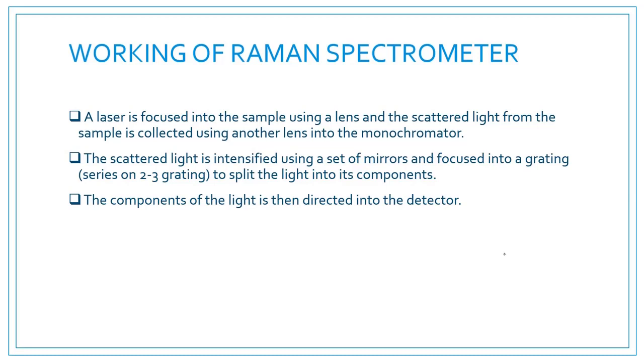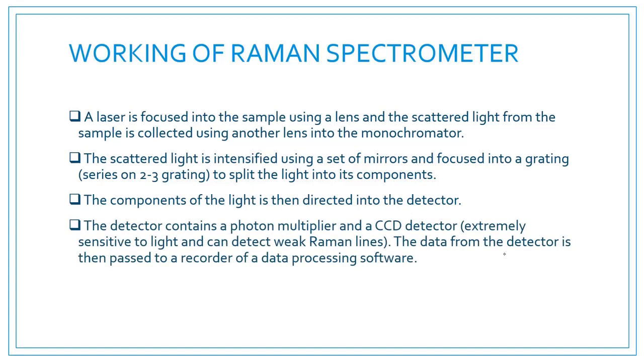After this separation, the light is directed into a detector. Inside the detector we use a photomultiplier so that the split radiation, which may be of very low intensity, can be intensified so that the detector can detect it.